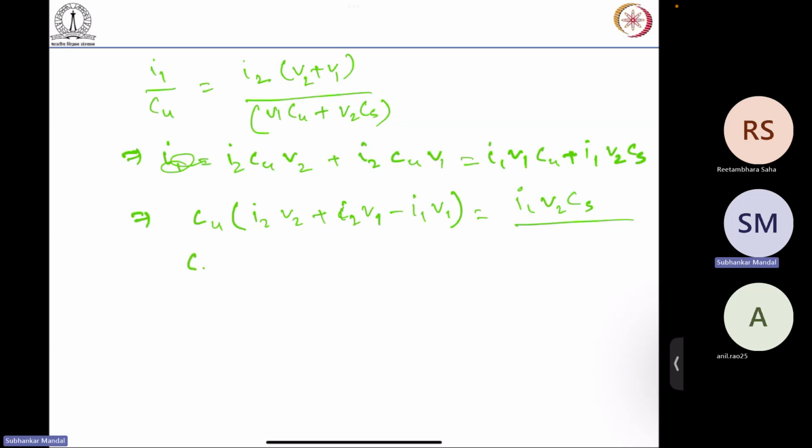So Cu is equal to I1 V2 Cs divided by, taking V1 common, I2 V2 plus V1 times (I2 minus I1).